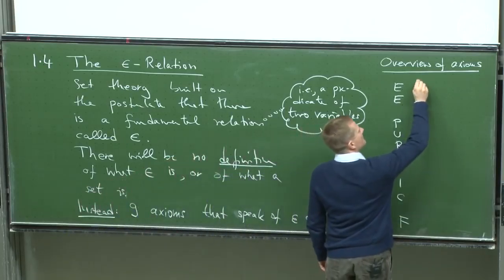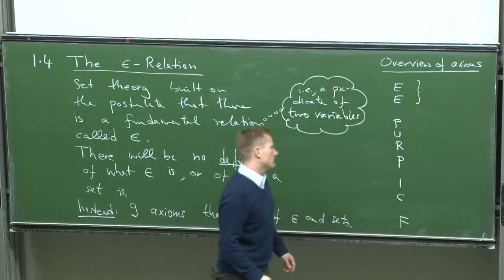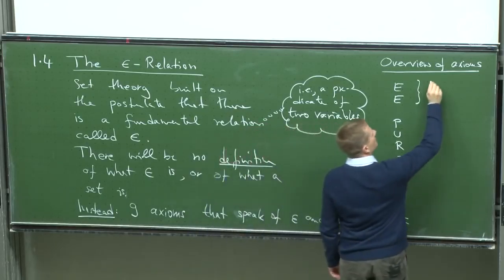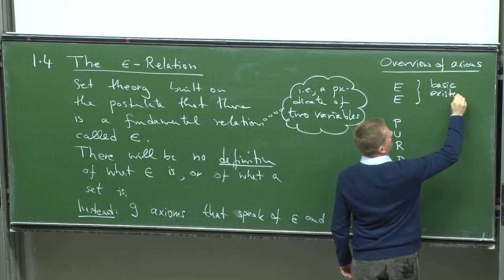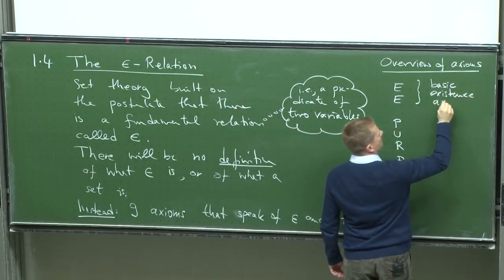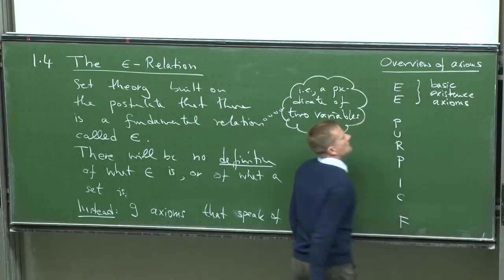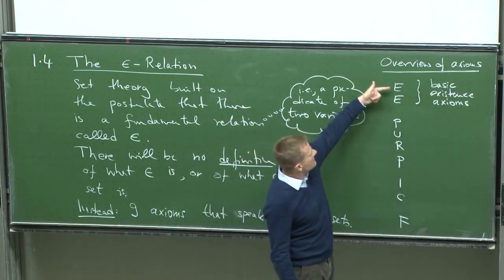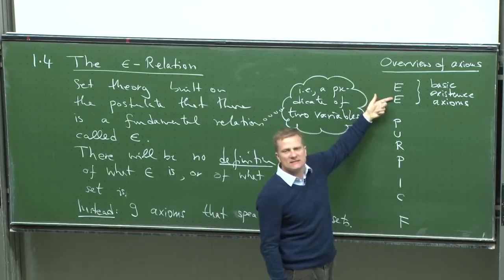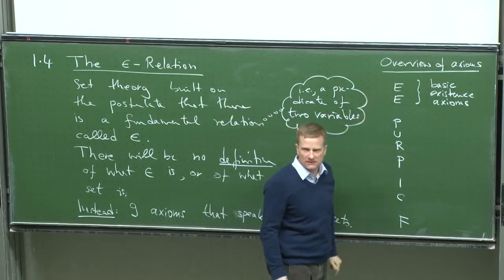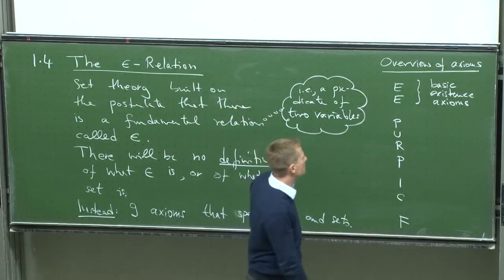Well, these EE, let's call them basic existence axioms. So that's their character. And that has to do with the kind of property of the element relation, and the E stands for existence of an empty set. Of course, we'll specify this.